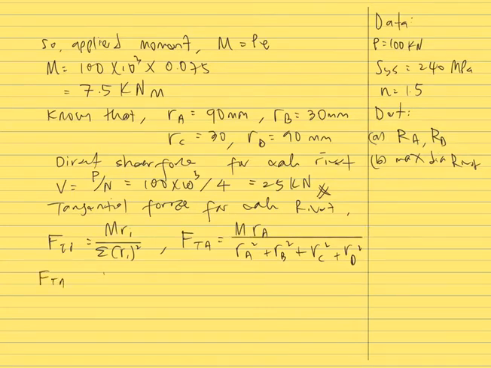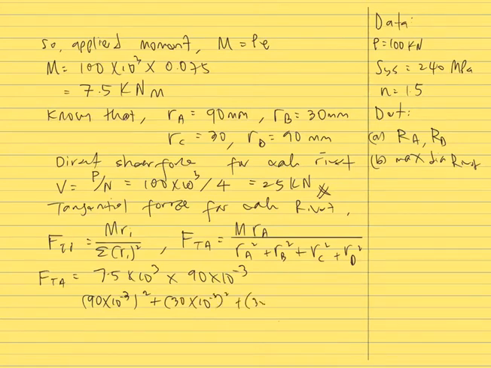So the tangential force at rivet A, FTA, is equal to the moment 7.5 kilonewton meter times RA 90 millimeter, divided by RA squared, so 90 millimeter squared, plus RB squared, 30 millimeter squared, plus RC, so 30 millimeter squared, plus RD, 90 millimeter squared.